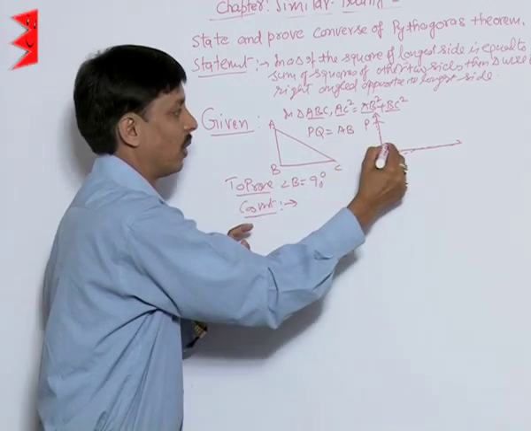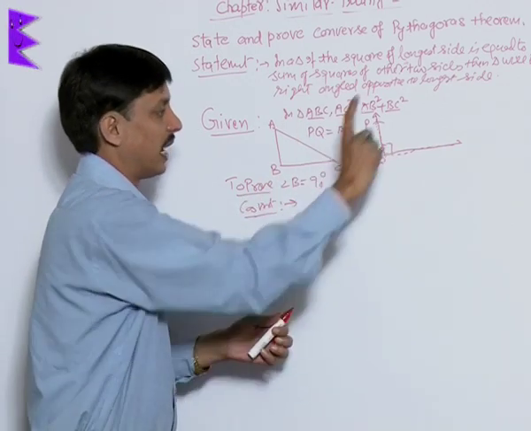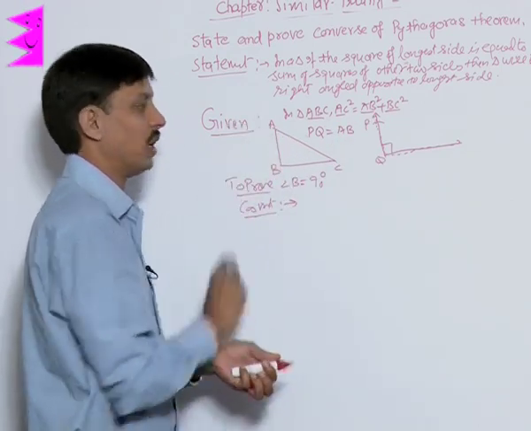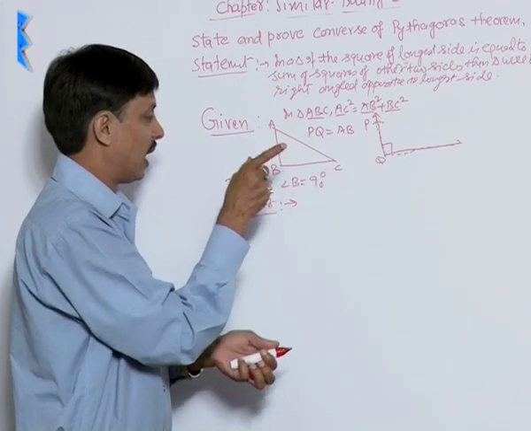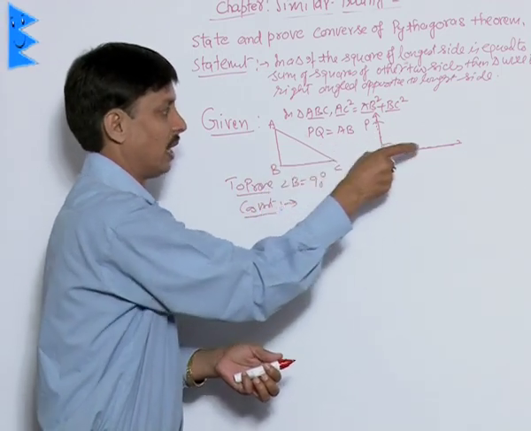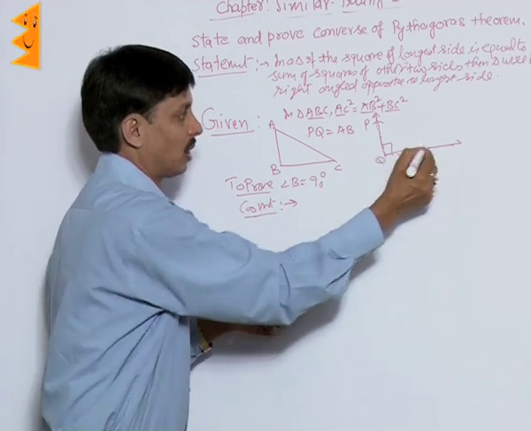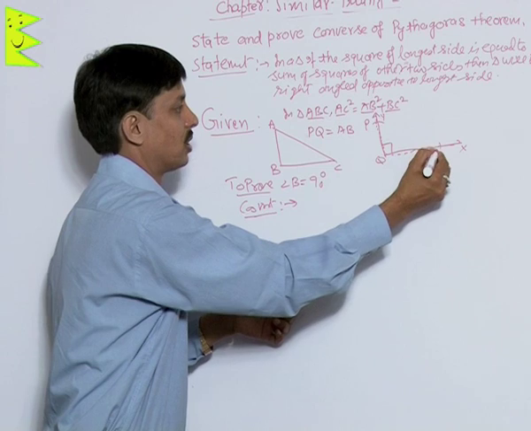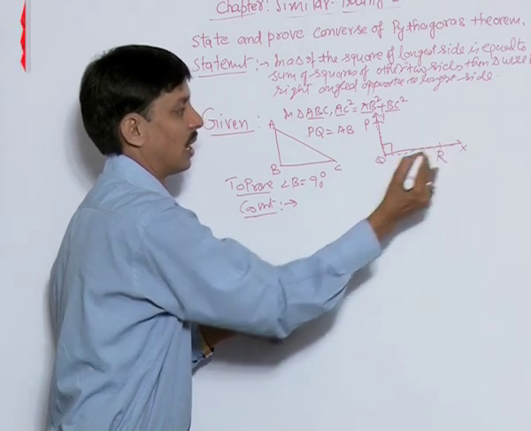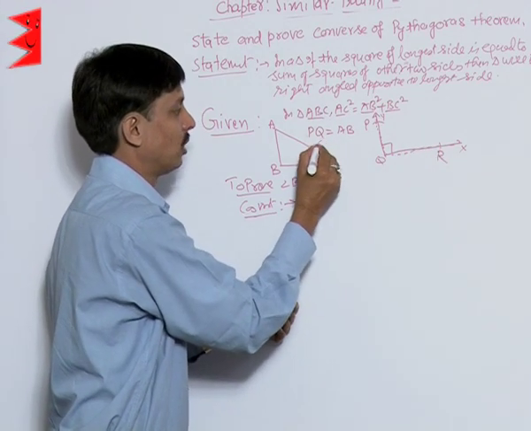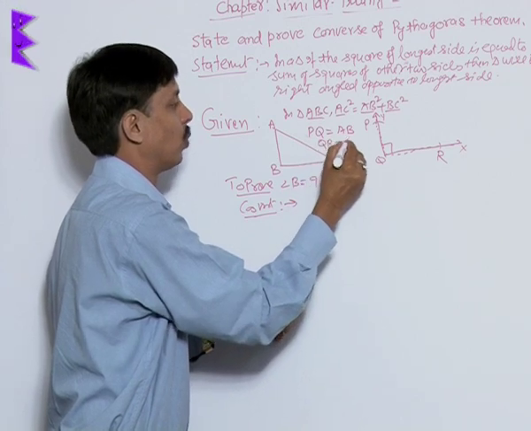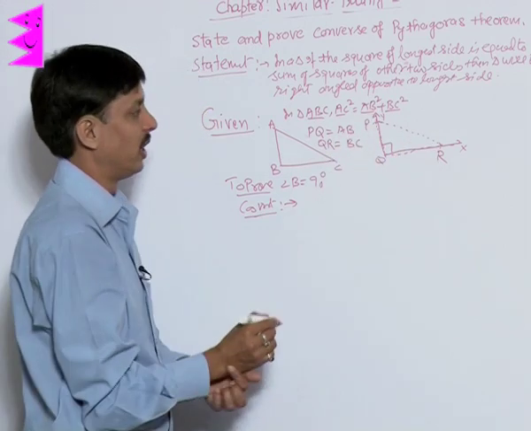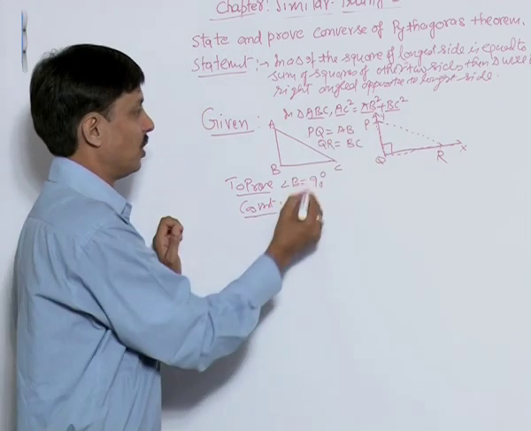First of all, I have made one right angle, and in this right angle, what am I doing? I am taking QP length equal to AB from vertex Q, and now I am measuring BC, and by taking Q as center, I will cut on this ray QX, suppose this ray is QY, and suppose this point is R. So this length QR is being taken equal to BC, and now join P to R. I have joined P to R. This is the construction.